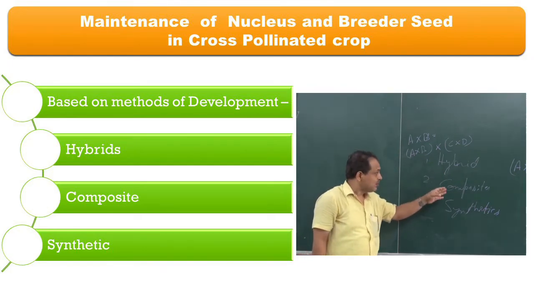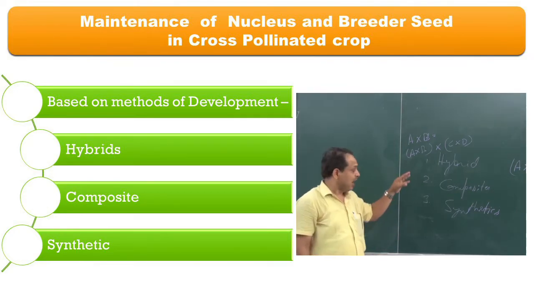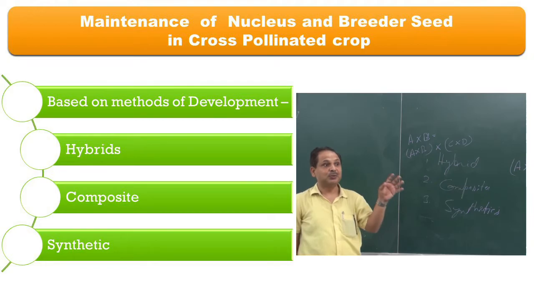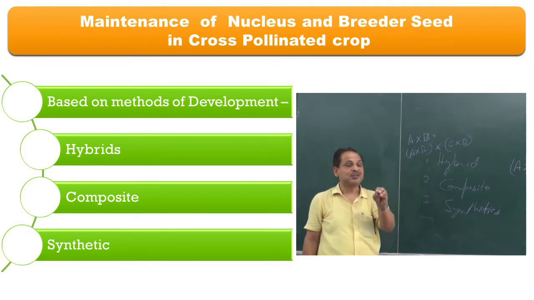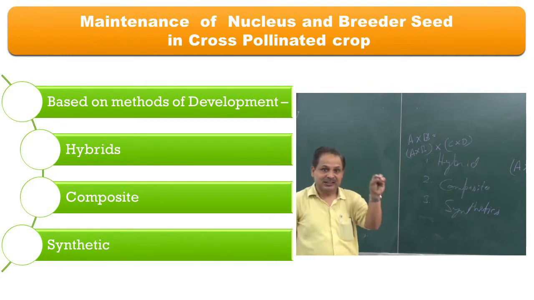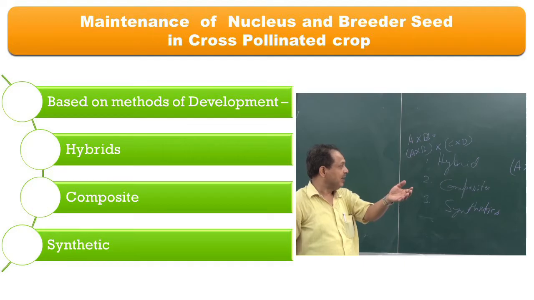Okay. Next one is the composites. We know very well the development of composites and synthetics. In case of composites, we cannot develop the same variety again in the next generation.